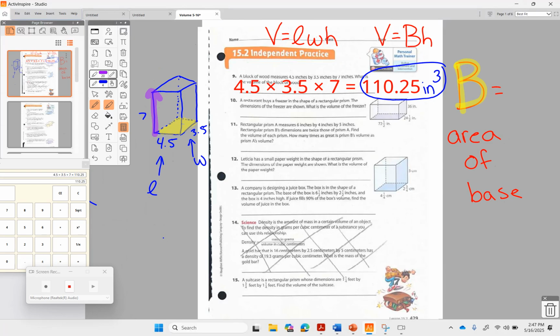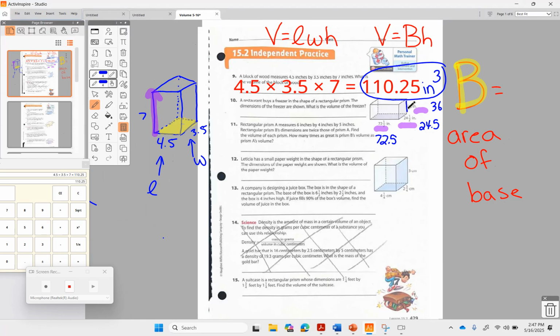Okay? So let's look at another problem. A restaurant buys a freezer in the shape of a rectangular prism. And they tell me that these are the dimensions of the freezer. So they're telling me that the freezer is 72.5 by 24.5 by 36 tall.